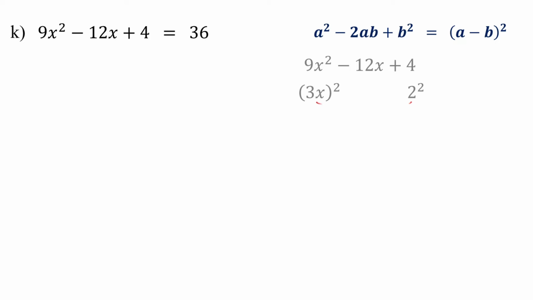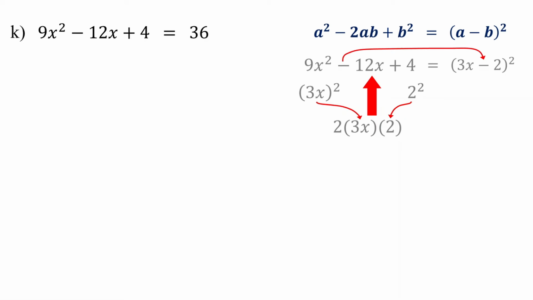Therefore, the middle term is 2 multiplied by 3x times 2, which equals 12x. This confirms that this trinomial is a perfect square, so we can factor it easily. Since a is 3x and b is 2, we can factor it as 3x minus 2 squared. Remember, if the sign of the middle term is negative, the sign in the factor is also negative.